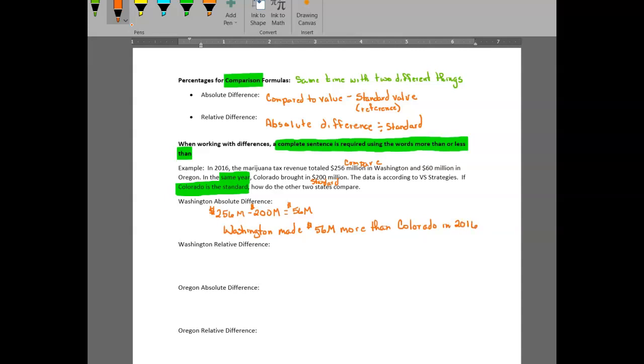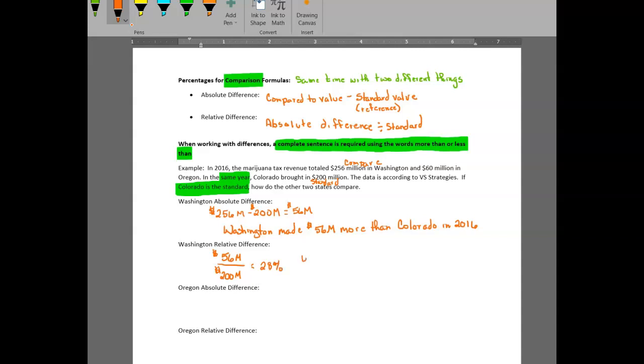All right, so now we want to calculate the relative difference, so we're going to divide. We're going to divide our answer, our 56 million, by our standard, which is 200 million. And when we take 56 divided by 200, we get 0.28 or 28%.